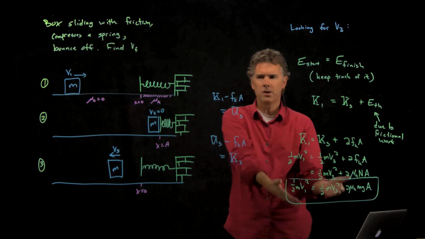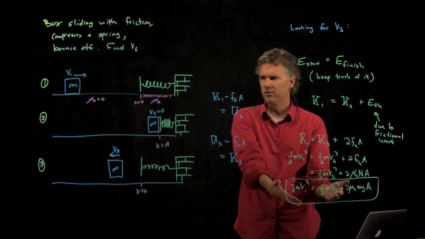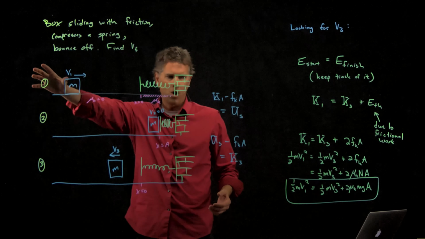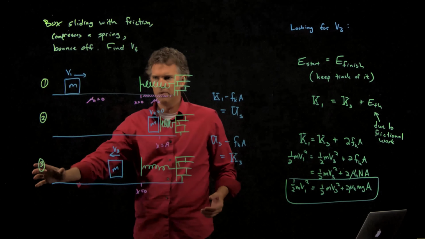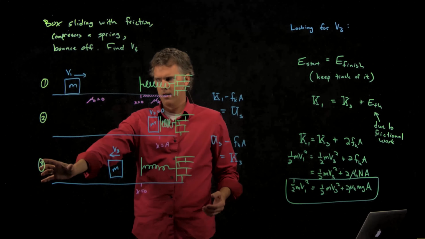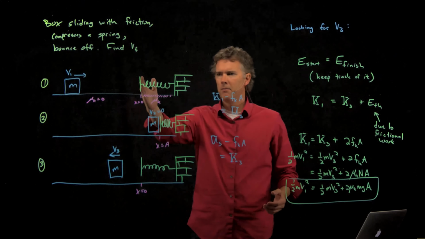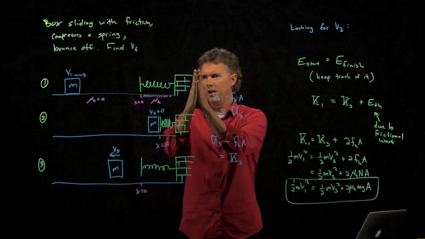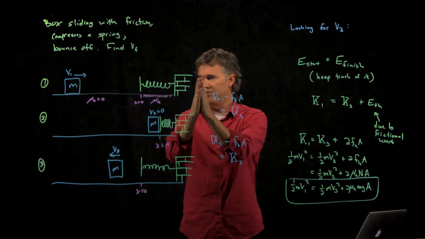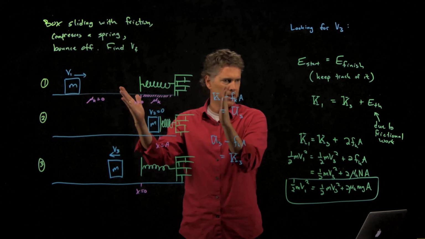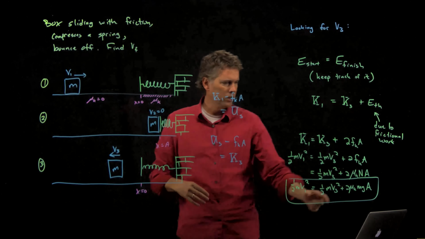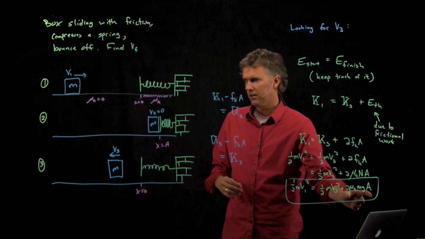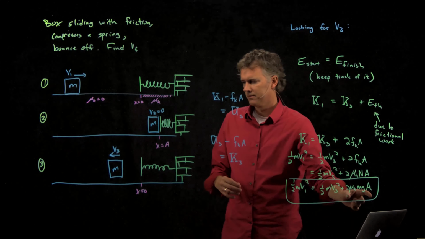In this equation now, we don't have springs anymore. And that's because we went from position 1 all the way to position 3. And so in some sense, it doesn't even matter that it bounced off this spring. It could have been a rubber surface that was very springy, and it just bounced directly off the wall. As long as the frictional work has the same distance, you're going to get the same answer. It's kind of cool.